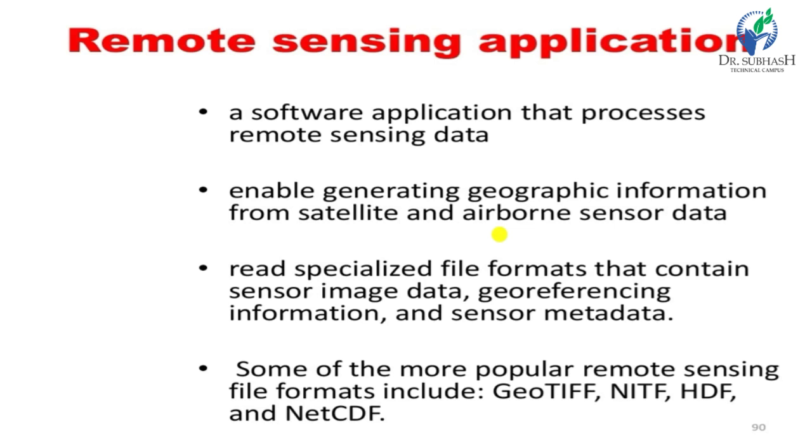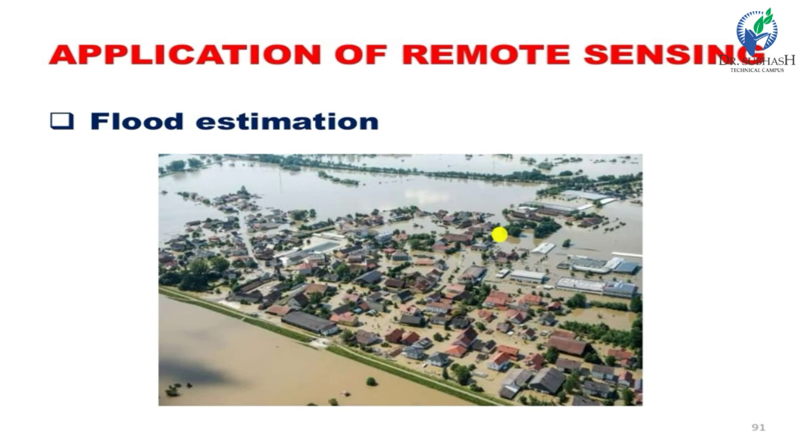Those are the formats. The first application is the flood estimator. Flood estimation is very important at the time when flooding occurs. We can identify how much loss has been done due to flood and how much water has spread over the area.